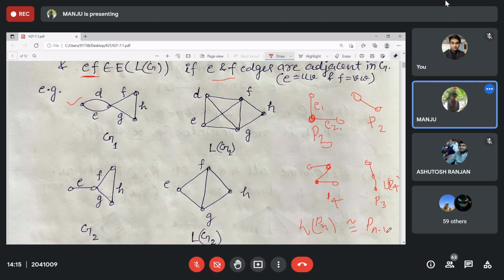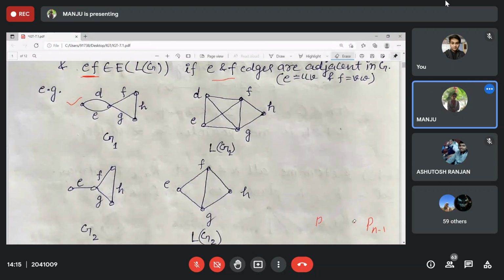Understood? What about Cn? Take C3. You have three edges, so corresponding you will have three vertices: one corresponding to this edge, one to this edge, and one to this edge.